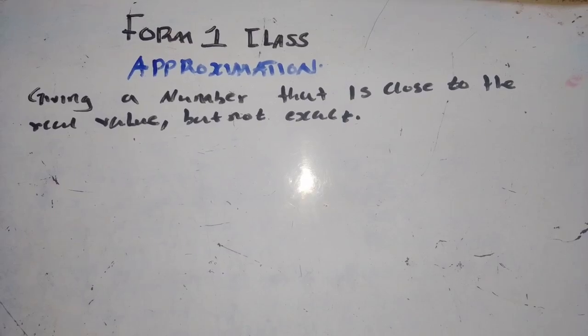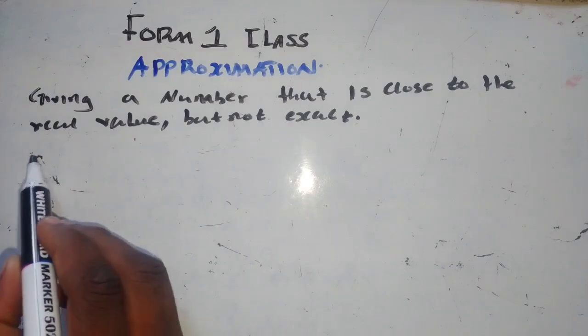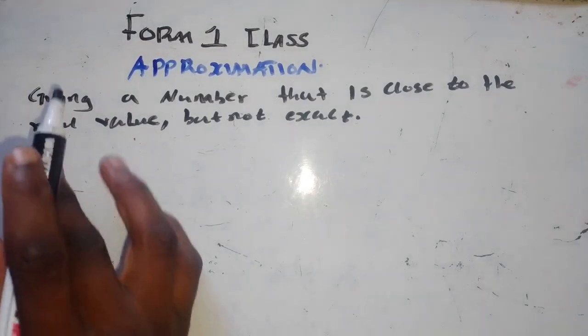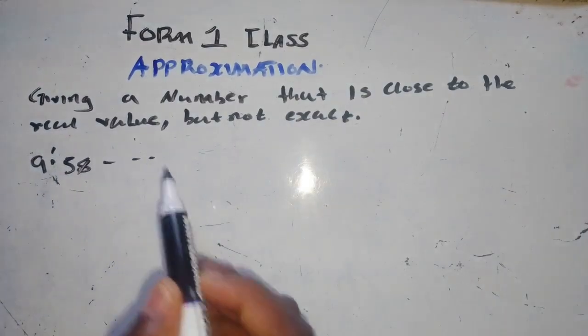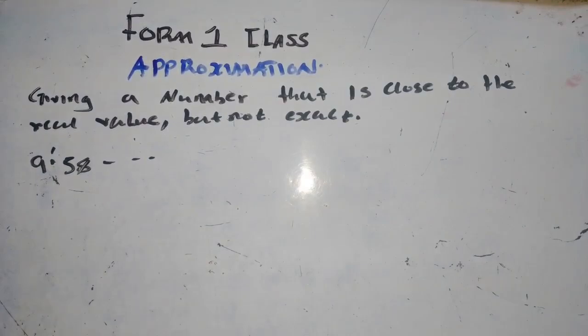So the number can be close to the real value but it cannot be the exact. For example, the time, maybe it's 9 hours 58 minutes. We can approximate this as 10 hours, isn't it? And when it's maybe 9:40, we can approximate it as 9 hours, just like that.